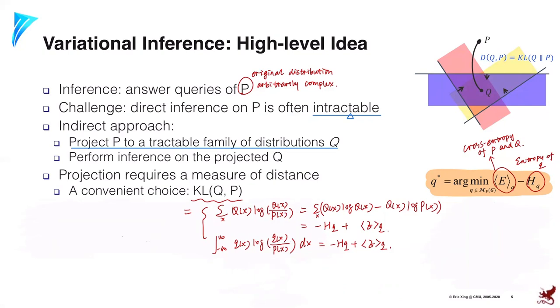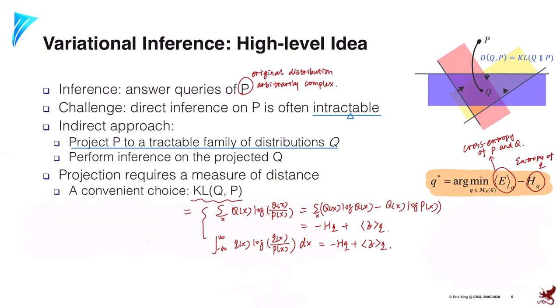Therefore, we want to approximate this distribution P with another distribution Q. And the variational inference actually assumes the existence of this P and Q, and also requires a way to measure the distance between these two distributions.